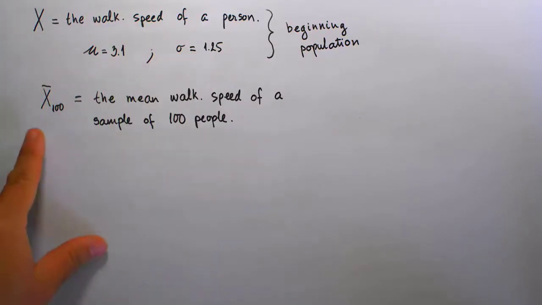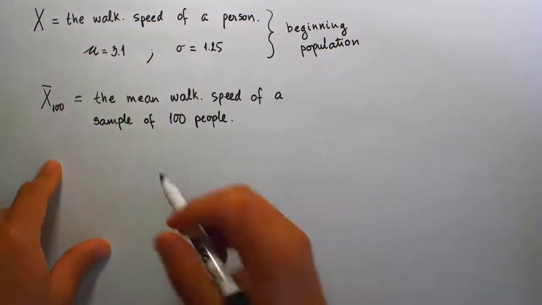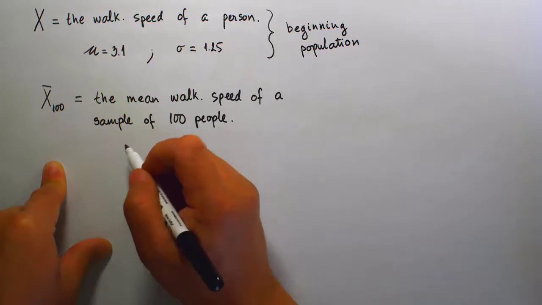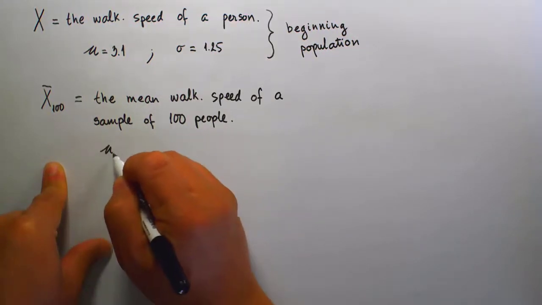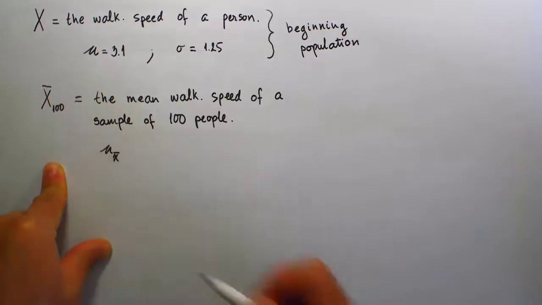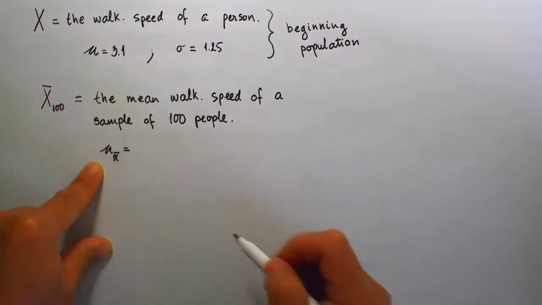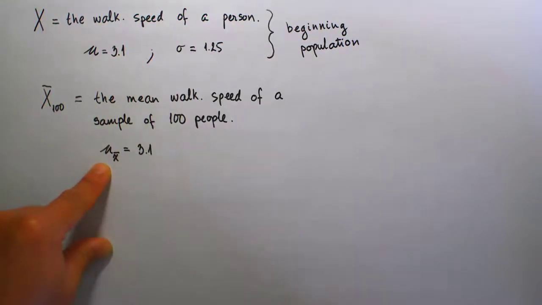So here, back in this sampling distribution of the sample means, we need to recognize, even though the question on this computer screen did not ask us specifically, that it is our responsibility to find the value of mu x bar. So quickly, according to the central limit theorem, mu x bar here must be 3.1.